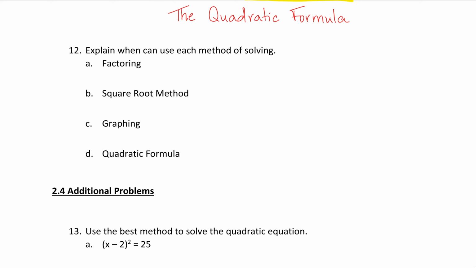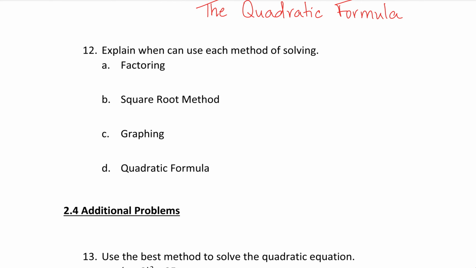Now, 12. It says, explain when you can use each method of solving. Well, factoring. The only time that we can solve it with factoring is when it's factorable. Okay, if you come to a problem that you just absolutely cannot figure out how to factor, then you have to use the quadratic formula.